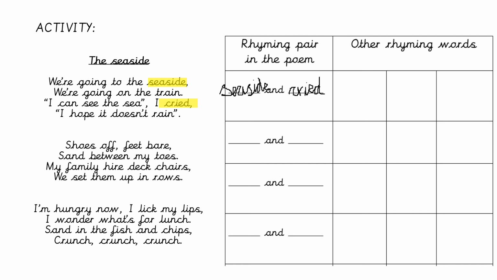Seaside, cried, hide, as in hide and seek. Hide. So that's one of my other rhyming words to go with that rhyming pair. I hope that gives you a clear idea of what I would like you to do, and good luck with your writing.